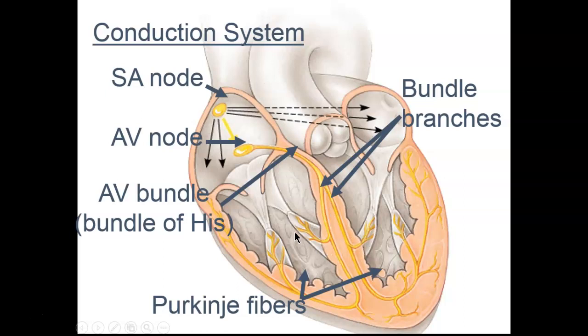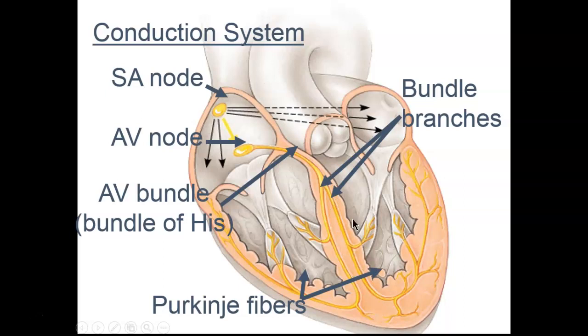The Purkinje fibers, the small little branches, are depolarizing, and ions are flowing out into the myocardium, and the ventricles contract. Contraction begins down here at the apex of the heart and pushes the blood upward. So think of this as squeezing from the apex, and the blood is being forced back up.